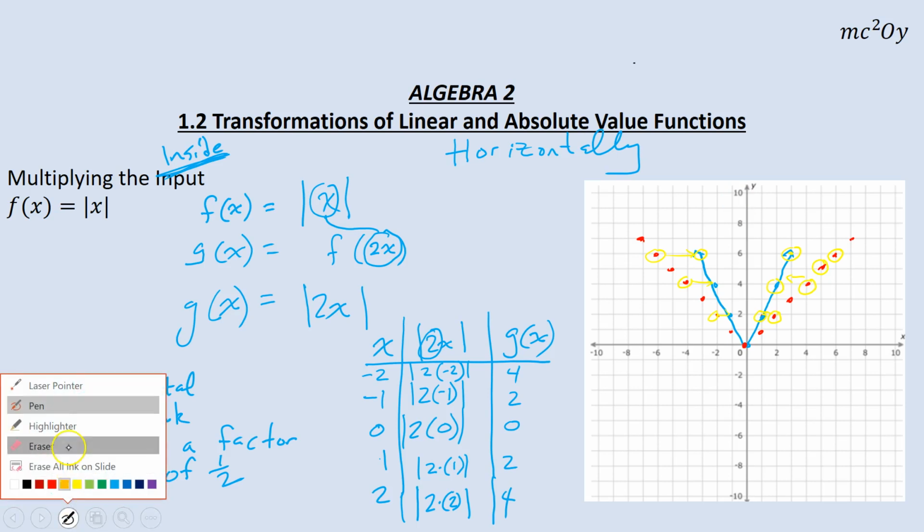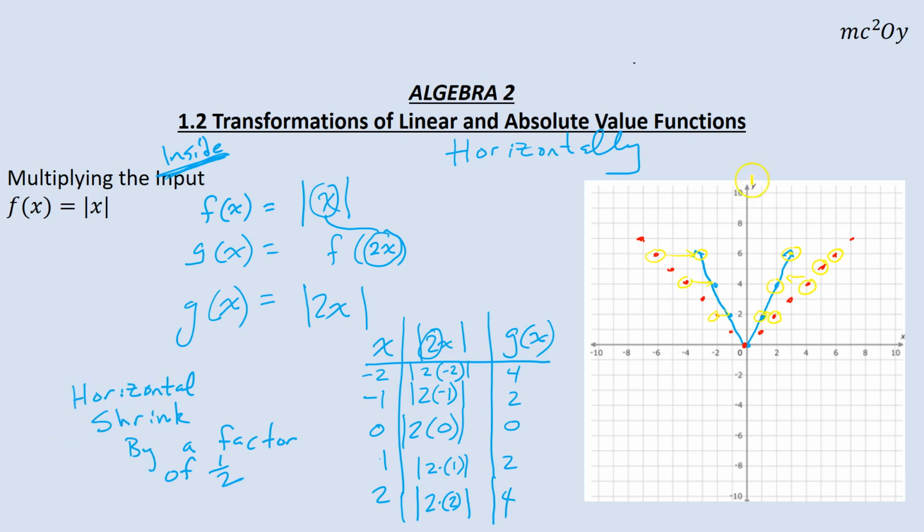Everything is doing a horizontal shrink by a factor of 1/2. It's being squeezed towards the y-axis. All these points are compressing towards the y-axis. So it's a horizontal shrink by a factor of 1/2.